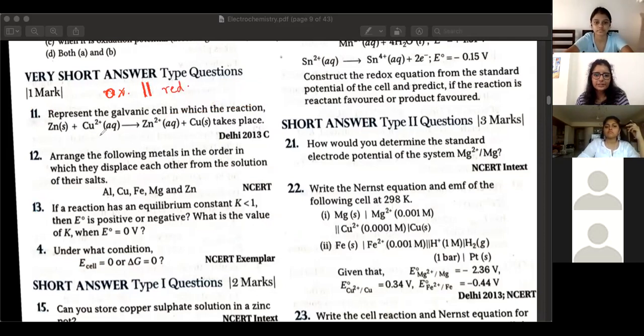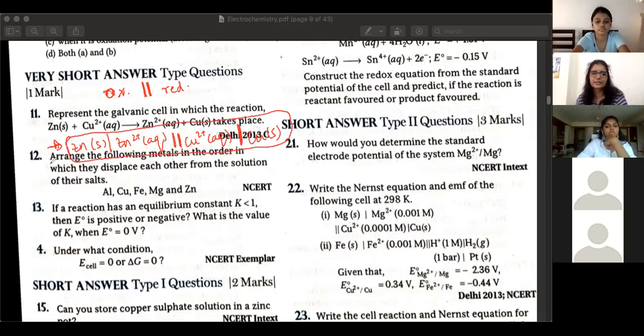So Zn solid getting converted to Zn2+ aqueous, separated by the salt bridge, and then in reduction you have Cu2+ aqueous getting converted, separated by a single line, to Cu solid. Whenever you're asked a question about representing a cell, this is the format of your answer.